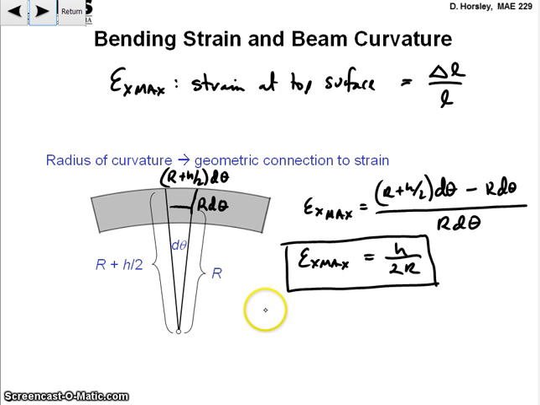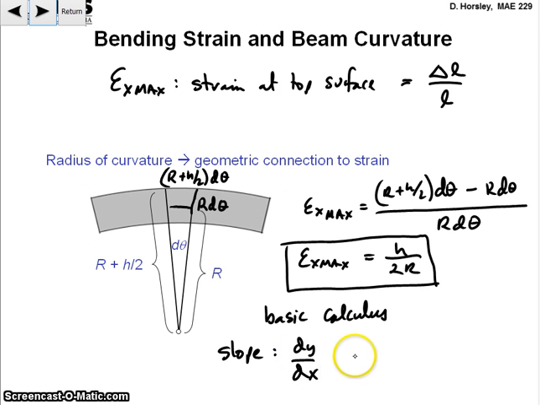Well, it turns out from basic calculus that we think of the slope as being equal to dy dx, and the curvature is d squared y dx squared, and so this is the curvature, which is equal to 1 over r.